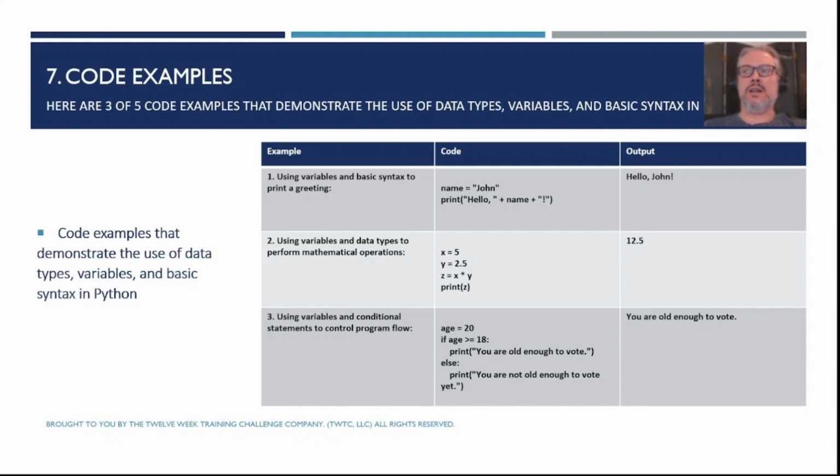So it's going to print the comma and the space because it's within the quotes. And then we're going to add the name and another plus sign, and then we're going to print again within quotes the exclamation point. So if you see the output on the right, hello, John, that's what's printed.